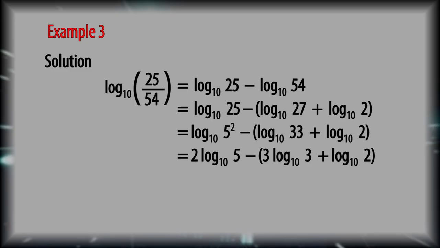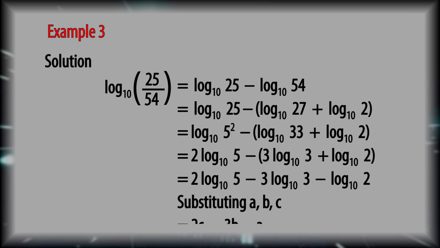So we have 2 log base 10 of 5 minus, in brackets, 3 log base 10 of 3 plus log base 10 of 2. When we remove the brackets, we get 2 log base 10 of 5 minus 3 log base 10 of 3 minus log base 10 of 2. And finally, we will have 2C minus 3B minus A.